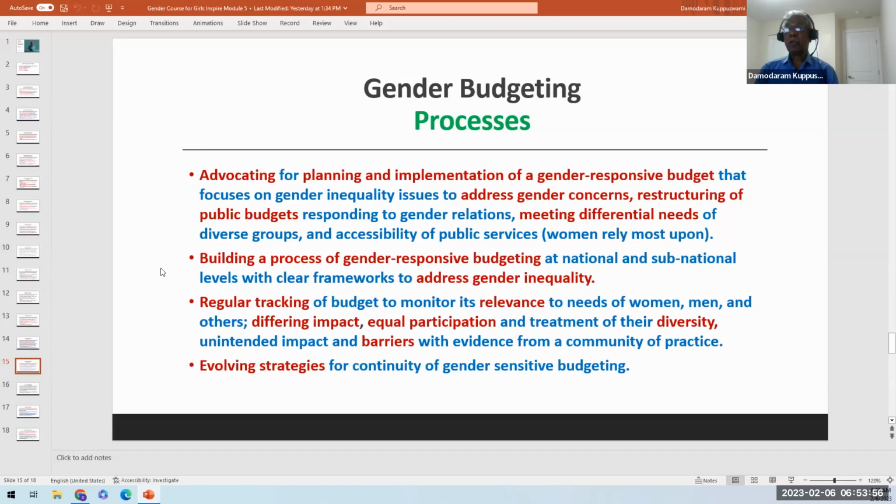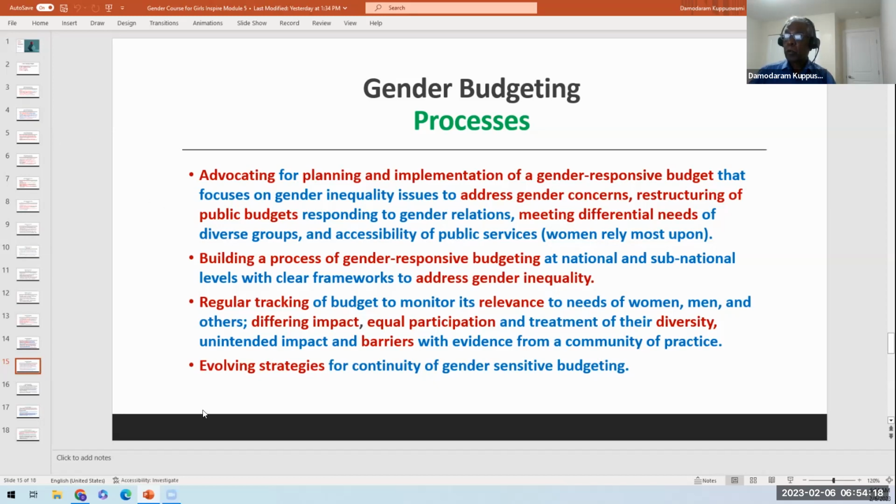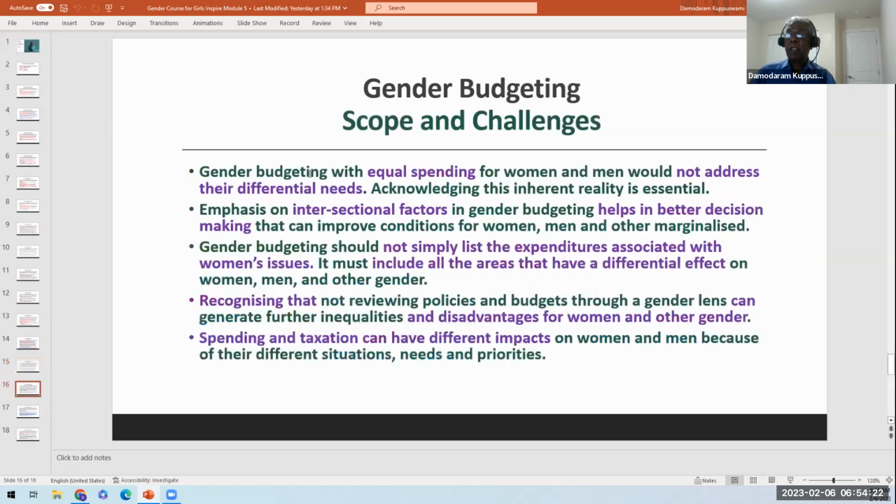And so therefore we also need to look at whether that gender responsiveness is also reflected in utilization, in spending. So what impact is the budget making on women, men, and other gender, including children, boys and girls. And we need to look at the strategies that would come.